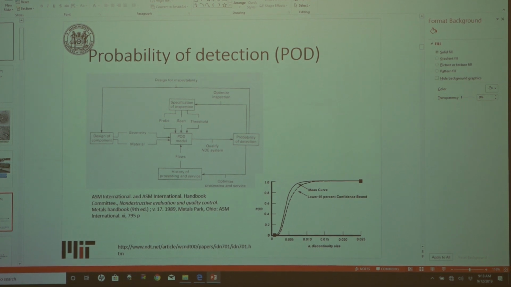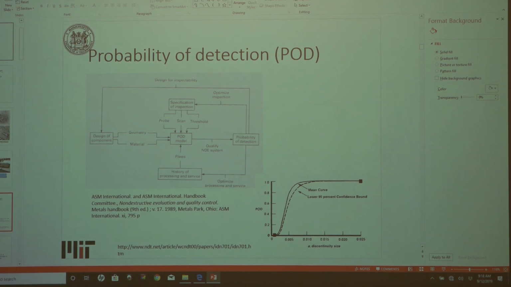In order to get the confidence level up, you can either test more components, or you can try to show that you can detect a smaller flaw size more reliably. So there's two ways to go about that.